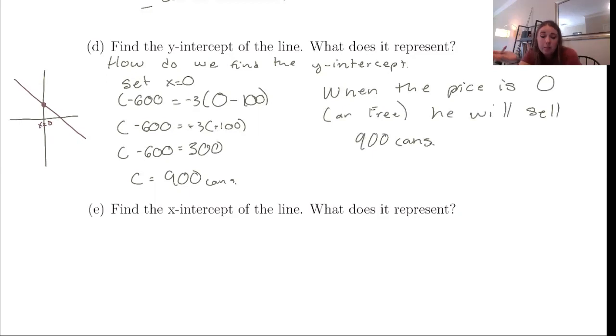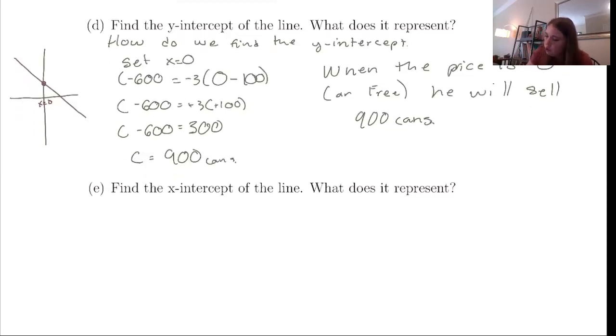That probably tells you that's as much as he can fit in there. And that's it. When the price is this, he will sell that. That's all we need to say of how it represents. Instead of saying 0, 900, you need to take information from the problem itself and put those numbers into words, okay?